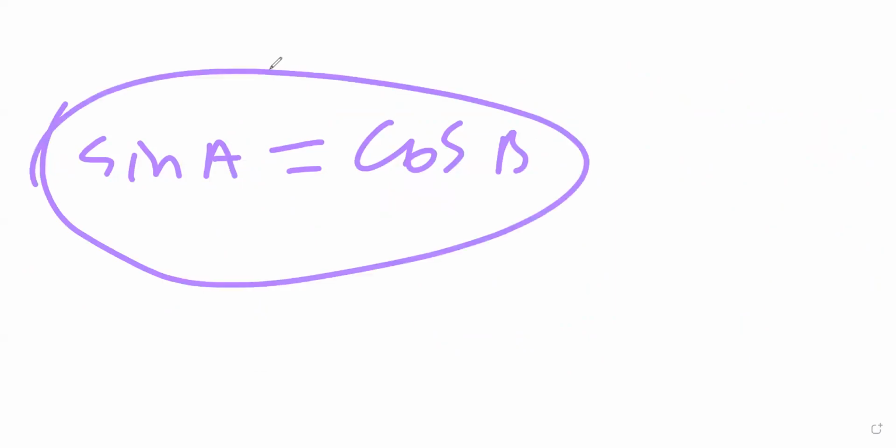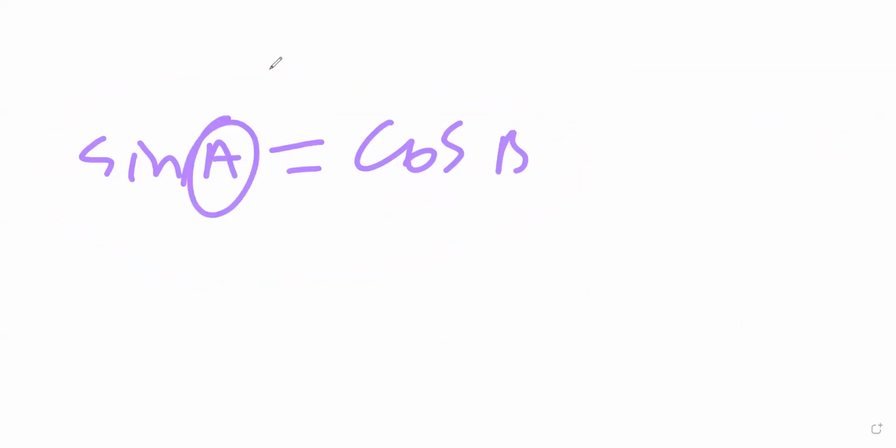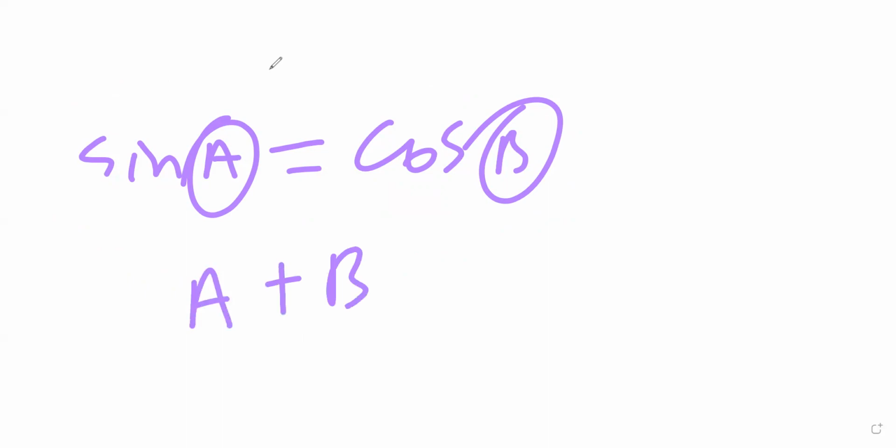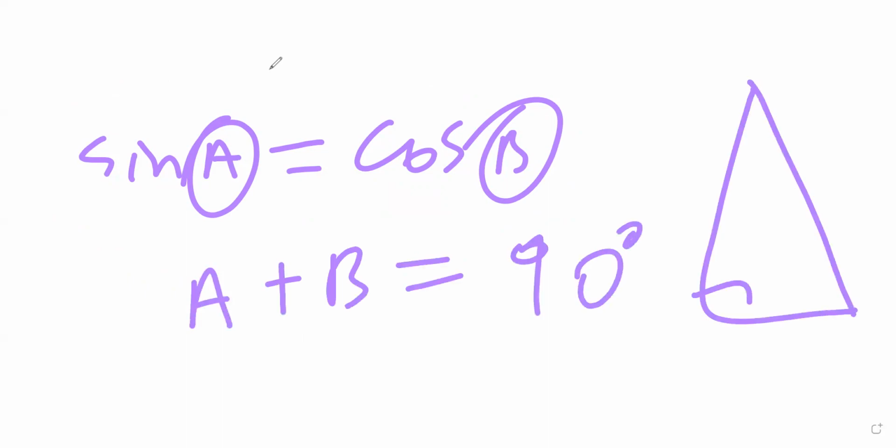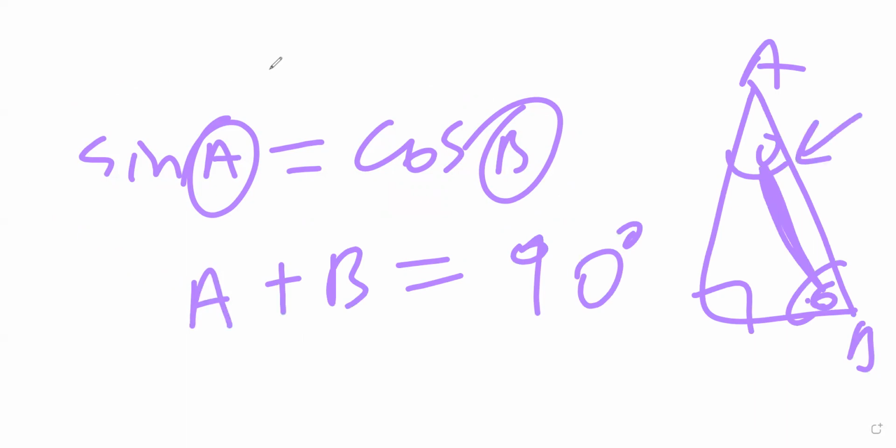And not only that, what we also realize is that angle A plus angle B should also be 90 degrees. Remember these are complementary angles. Angle A plus angle B must be equal to 90 degrees.